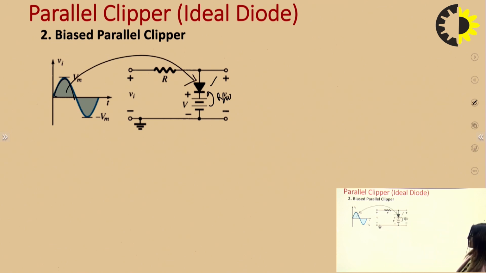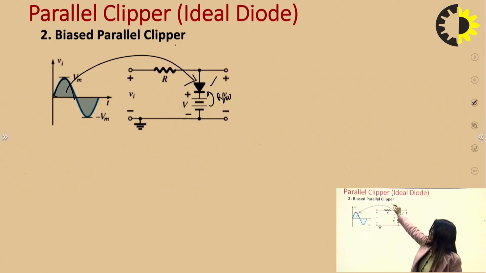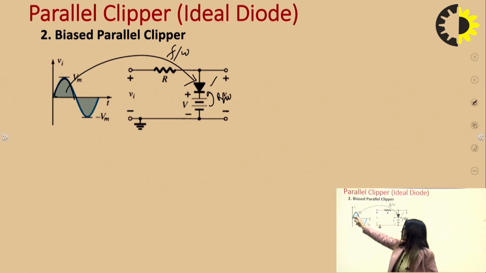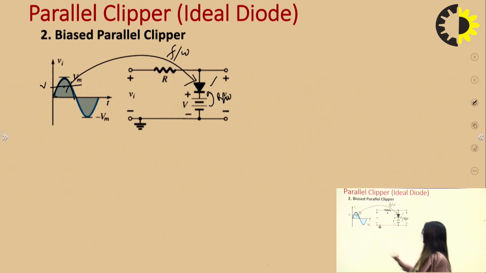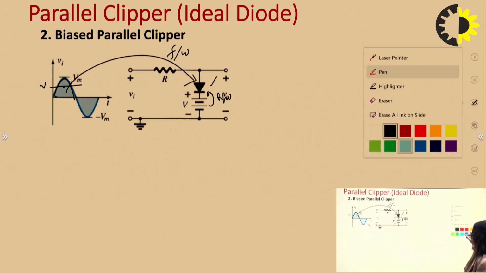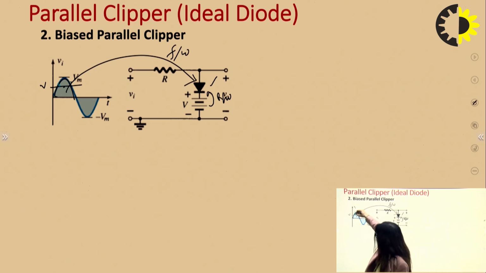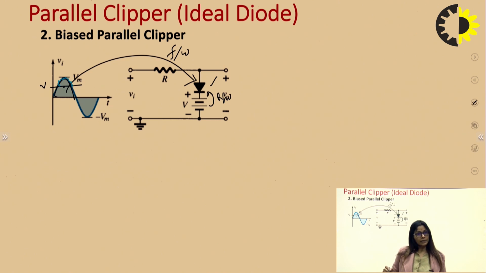So when this voltage reaches up to the V voltage, then the diode will be forward biased. That means when this waveform is greater than V, then for this particular part of the waveform, my diode will be forward bias. Otherwise, it will be reverse bias.